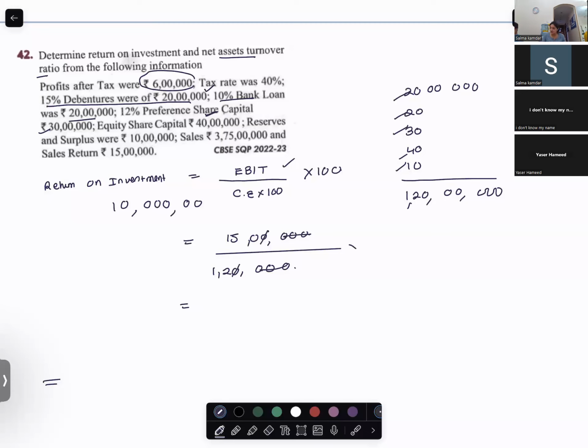This will go in which table? 3 table. 3 5s are 15, 3 4s are 12.